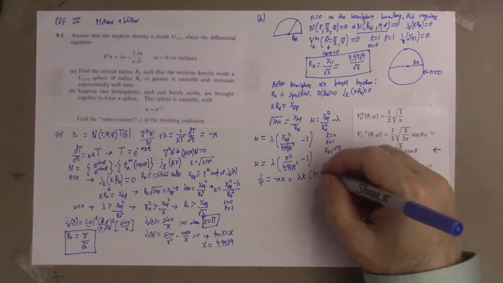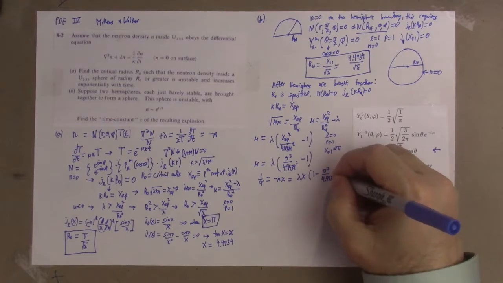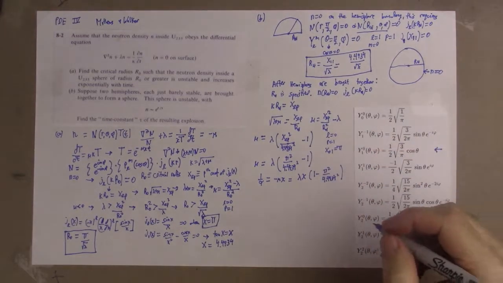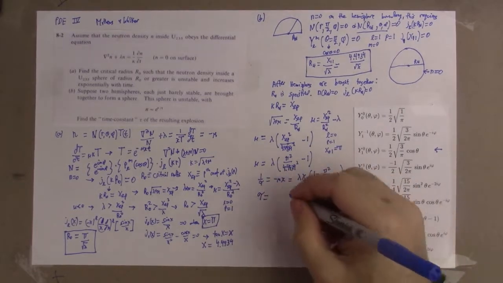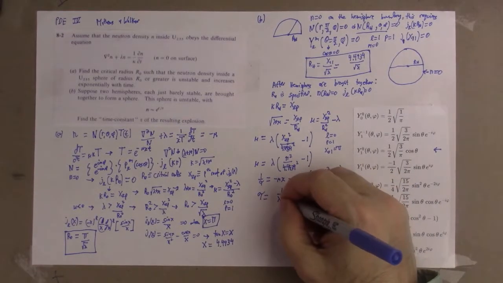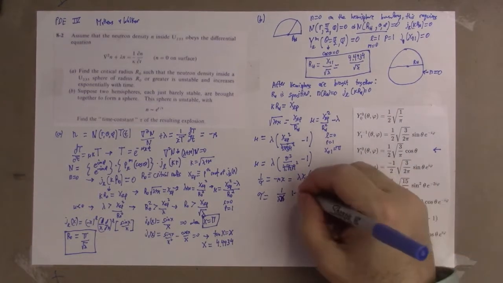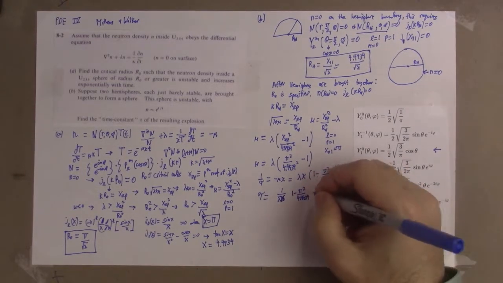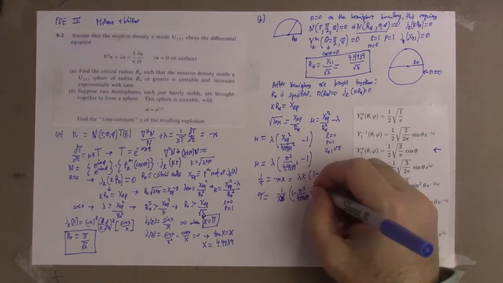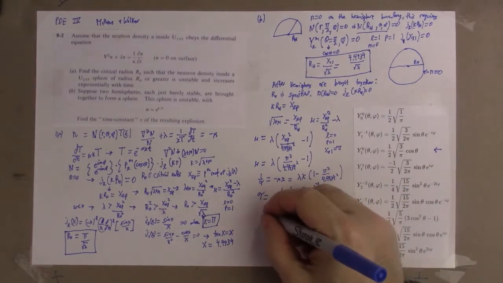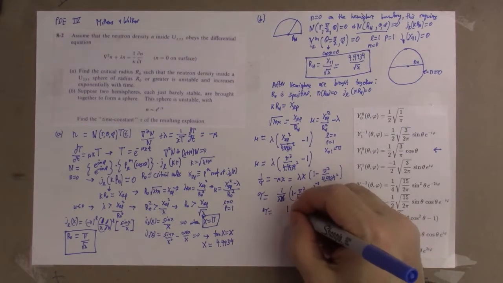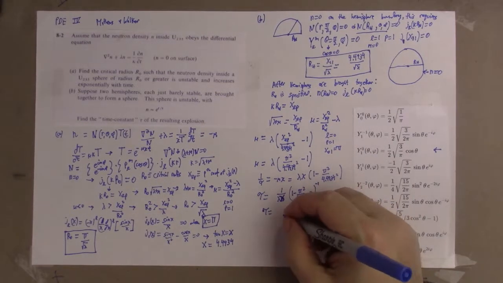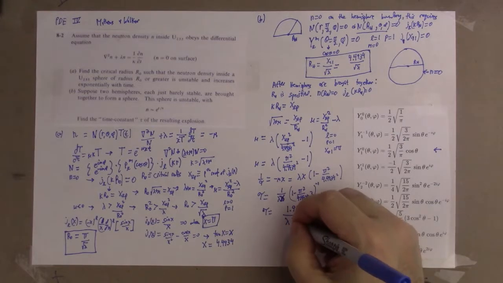Okay, yeah. 1 minus pi squared over 4.4934 squared. So tau is equal to 1 over lambda kappa, not k, this is kappa, times 1 minus pi squared over 4.4934 squared, to the minus 1. And this gives tau is equal to, if I did my arithmetic right, 1.95 over lambda kappa.